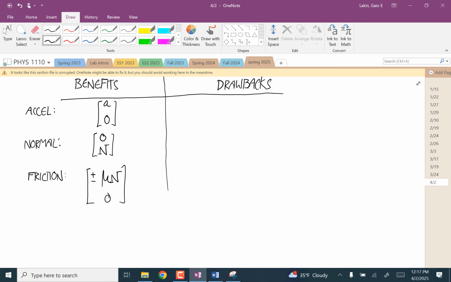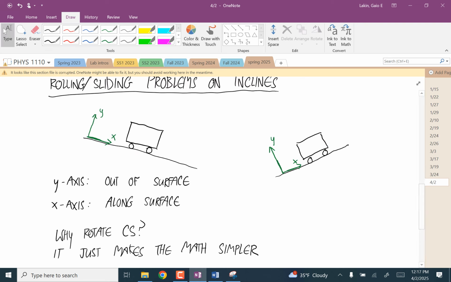Okay, there is one thing that gets messy in this rotated coordinate system. It's really the only thing that gets confusing about this. In the standard coordinate system, the weight force has always been super simple, right? It just points down, so it's in the negative y direction. Now in this rotated coordinate system, notice it doesn't line up with the x or y axis anymore.